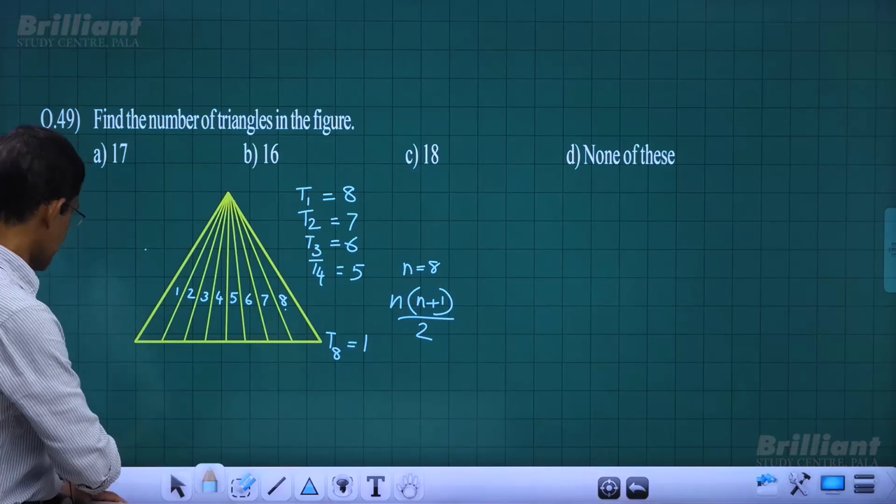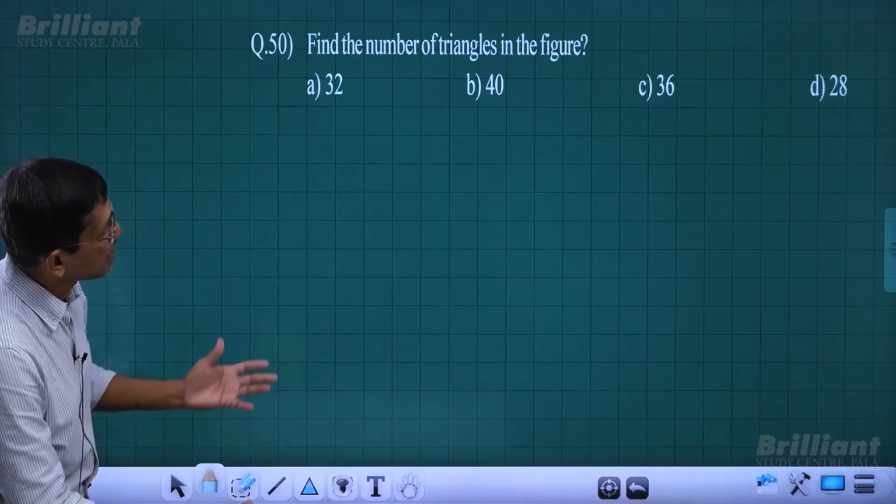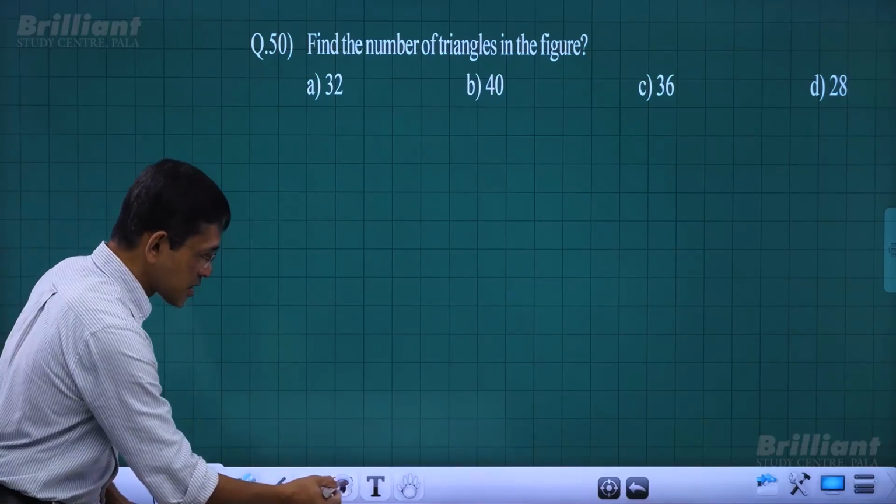I think, yeah, one more question. Find the number of triangles in the figure. Well, the triangle is not there, so we'll try this.